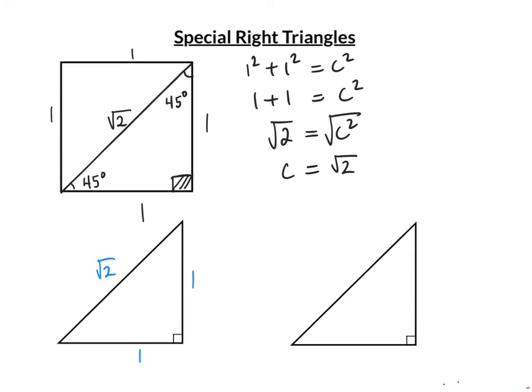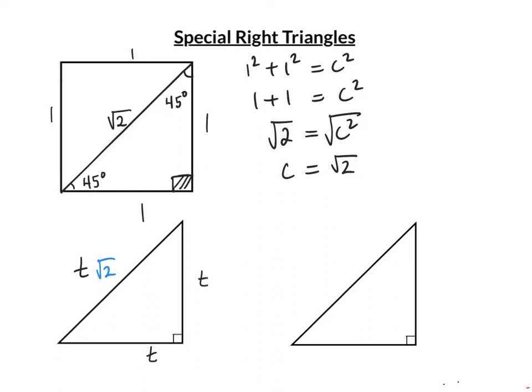Our multiplier is t, and these sides are now going to become 1t, 1t, and t root 2. And once we know what t is, for example, if it's 5, it'll be 5, 5, and 5 root 2. If it's going to be 11, it'll be 11, 11, and 11 root 2. We don't need the 1s, so we'll get rid of them.